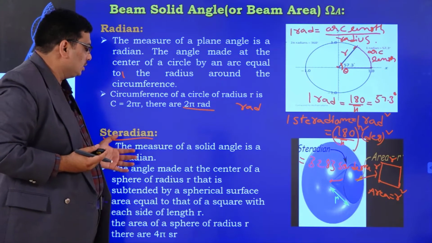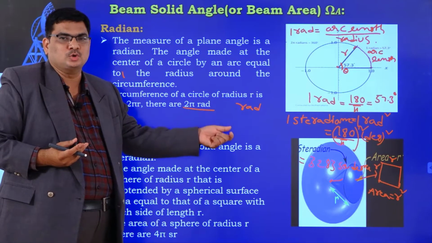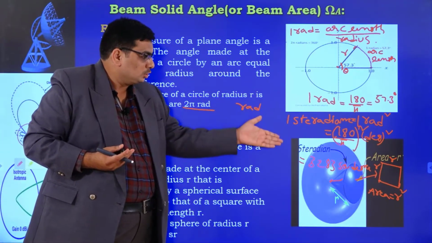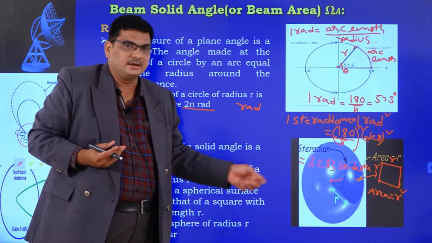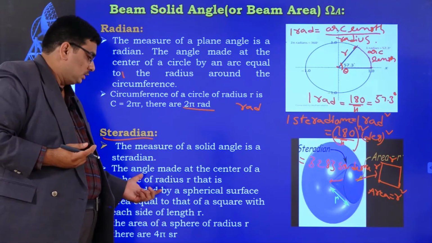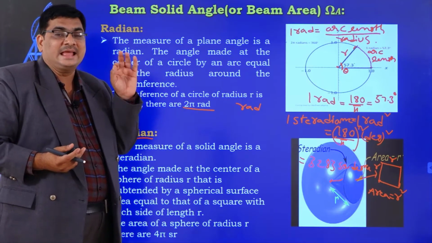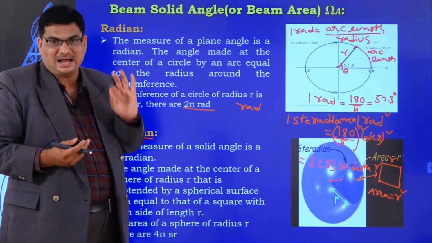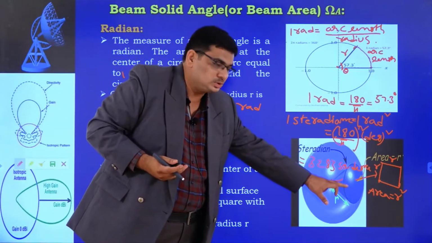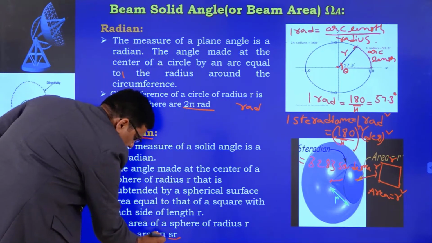If you want to measure a solid angle, we require the steradian. 1 steradian is equal to 1 rad square, that is 3283 square degrees. A sphere with radius r has area 4 pi r square, so to complete the entire solid sphere, it requires 4 pi steradians.